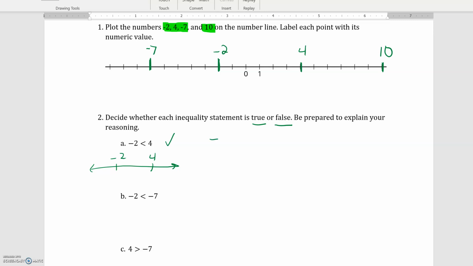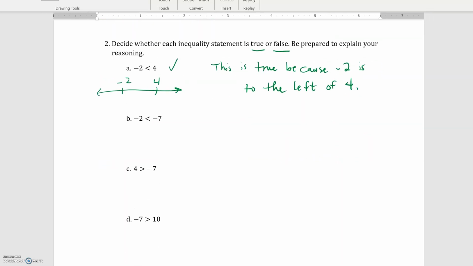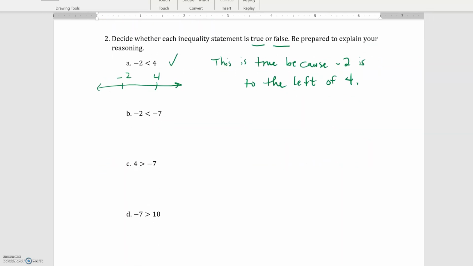So I'm going to say this is true because negative 2 is to the left of 4. You're now going to use a number line to help you answer B, C, and D. Pause here and check your work after you work on all 3 problems on your own.